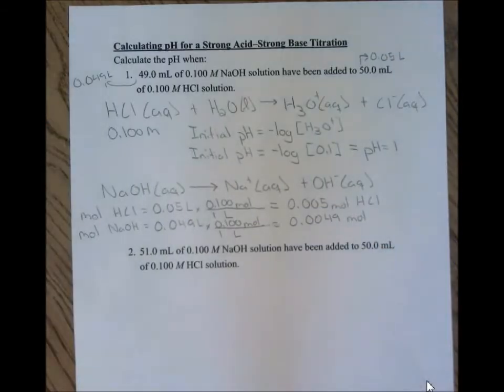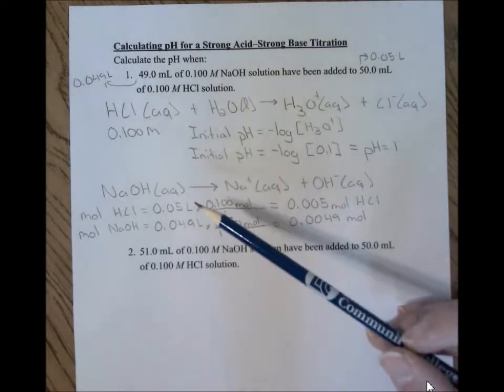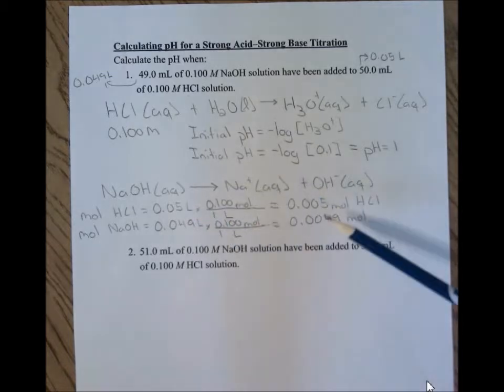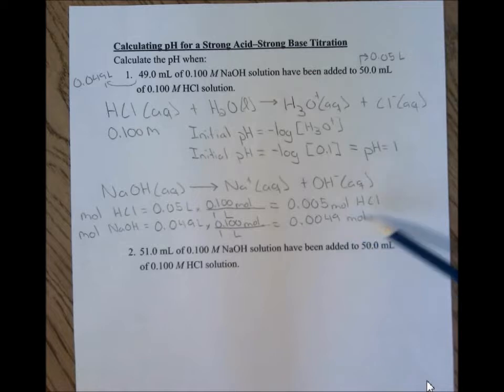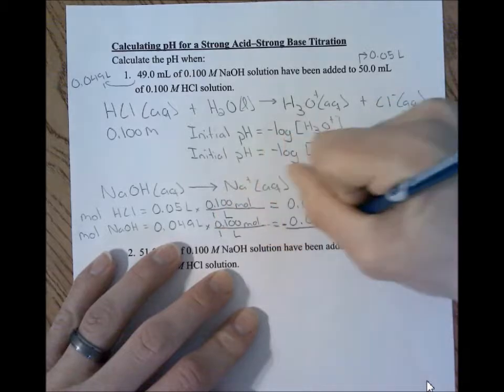Now, this is important to listen to, because as we add our moles of NaOH, it takes away our moles of HCl. So for every mole of NaOH we add in this circumstance, we take away a mole of HCl. So right here, this is set up real nice because we can just perform this subtraction.